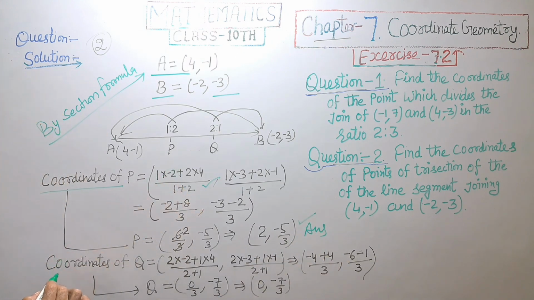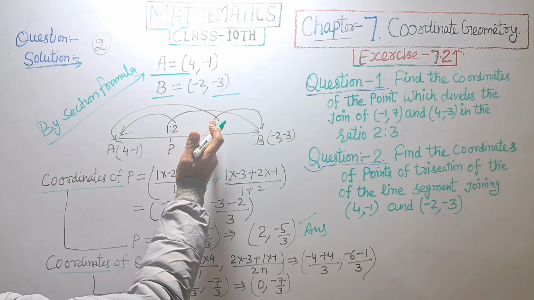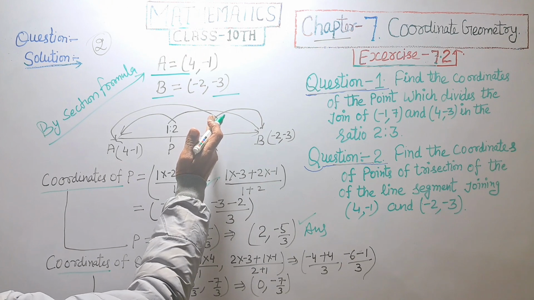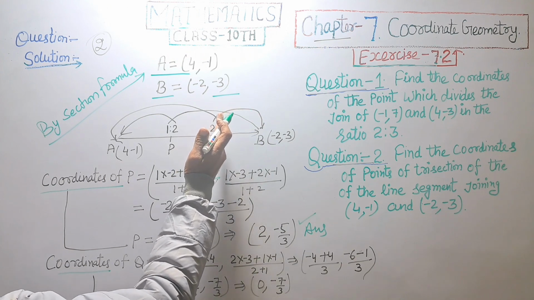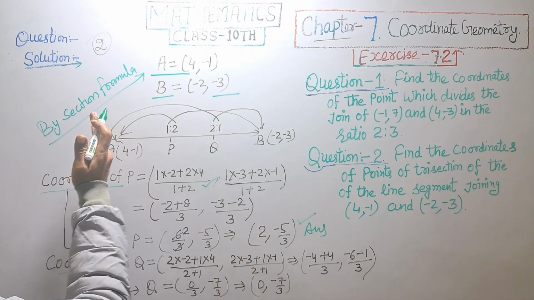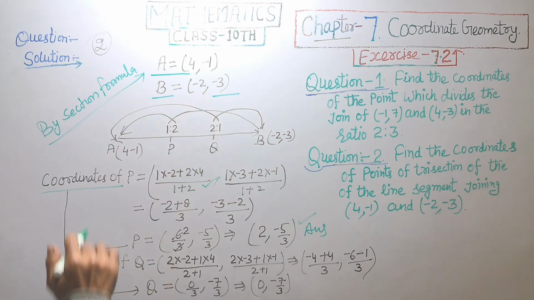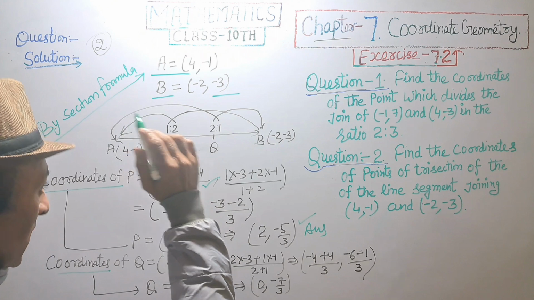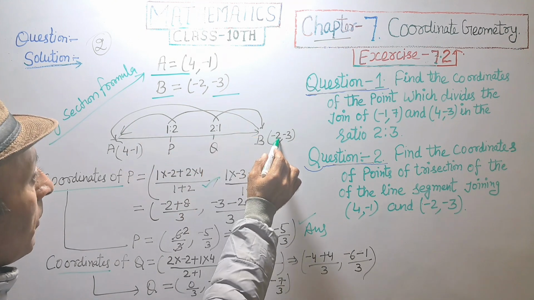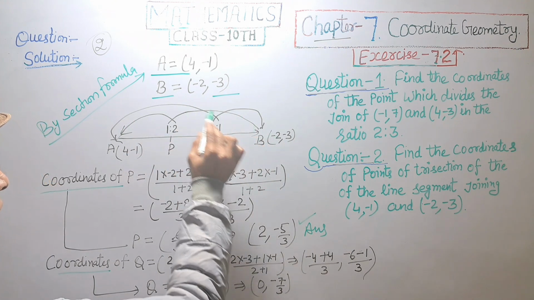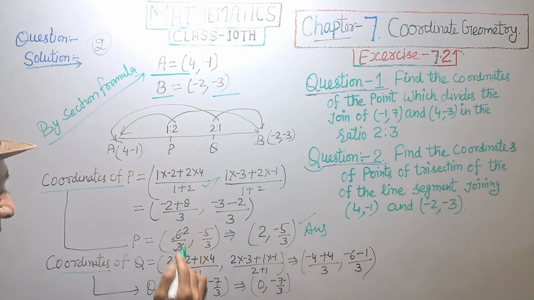And we find the coordinates point of Q, and ratio is 2:1. So left side 2 equal parts, right side 1. So ratio will become 2:1. And applying the bisection formula, 2 multiplied by minus 2 plus 1 multiplied by 4 divided by 2 plus 1.